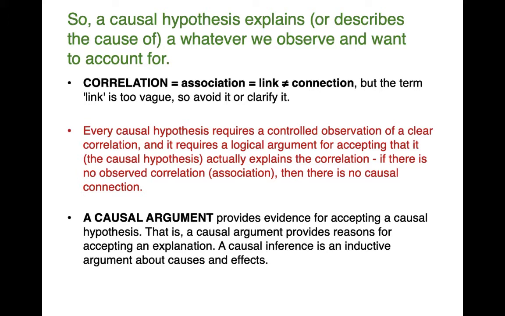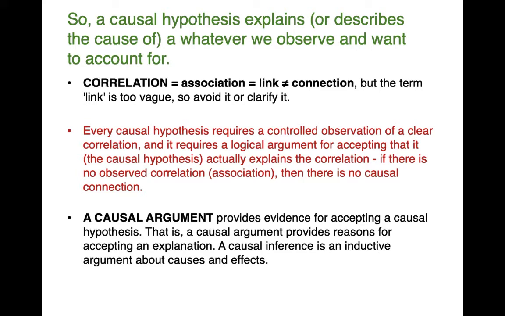The term link is too vague, I think, so I avoid using it. It sounds too much like connection. Obviously, some connections are links, but it isn't the case that all links are connections, because a link could just be an association between factors that we find correlated. They may have no relation whatsoever.